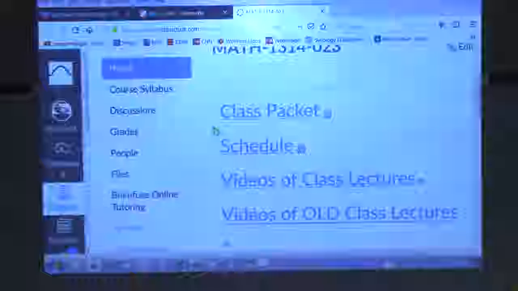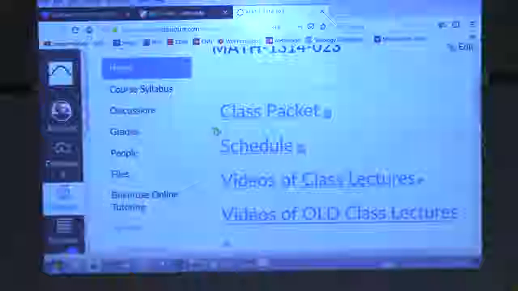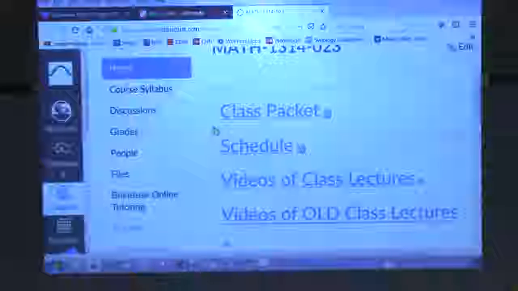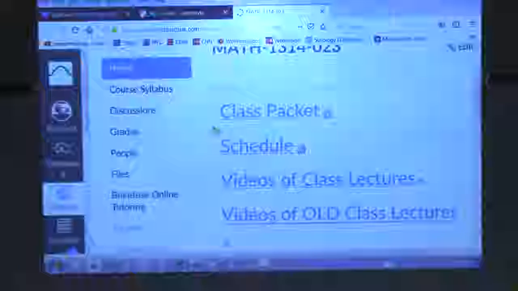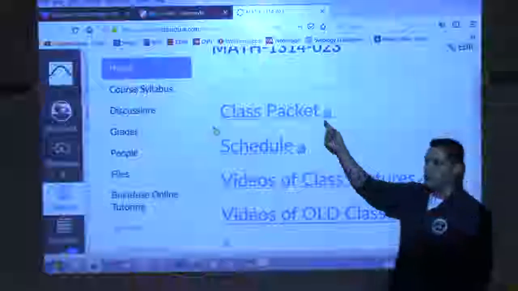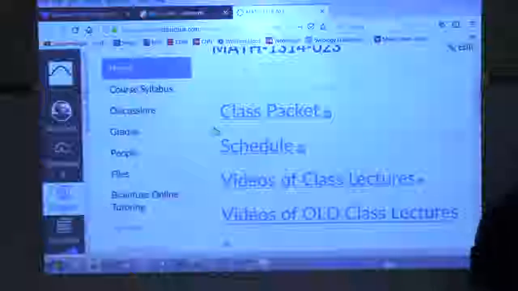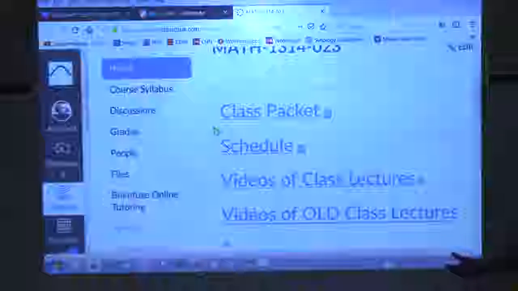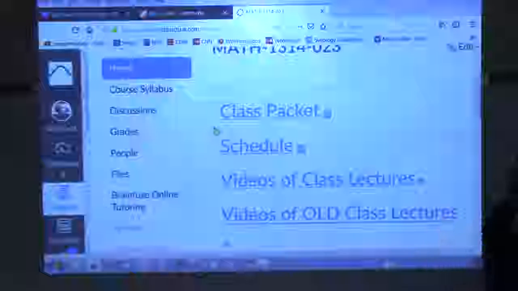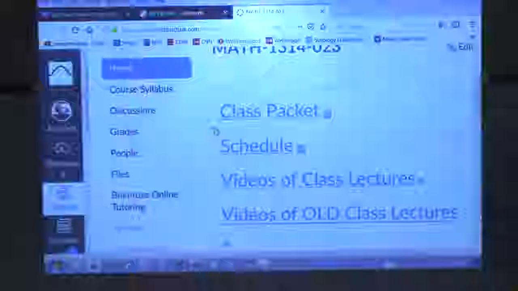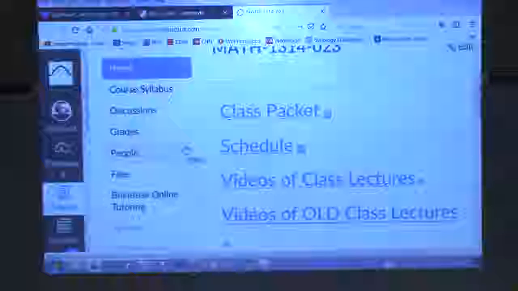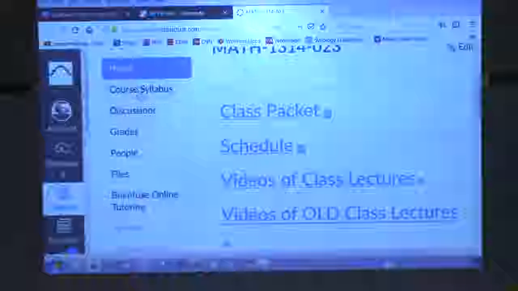Okay, so this matches what I have. Very good. Thank you. All right, so buy that packet, or you can actually just download it here and print it at home, but it's 120 pages, so if you don't want to print it out, go spend $12, and it's at the bookstore. All right, let's go through the syllabus.